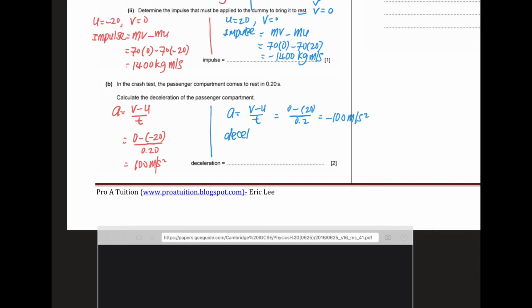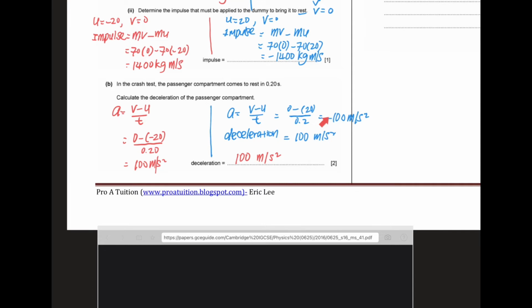Like since negative means deceleration, so for deceleration there's no need for negative 100 meter per second squared. In exam, if I put deceleration equals negative 100 meter per second squared, I won't be marked wrong also, right?